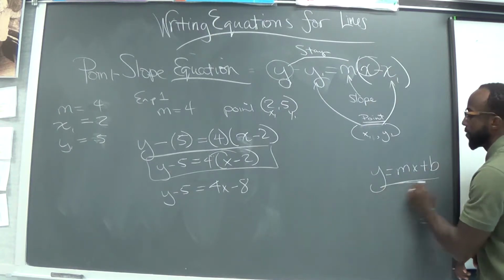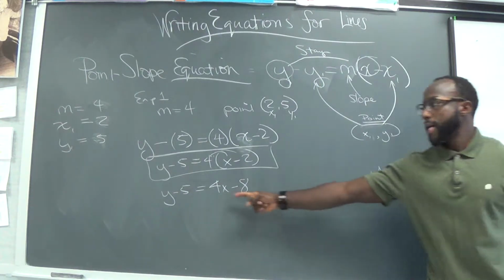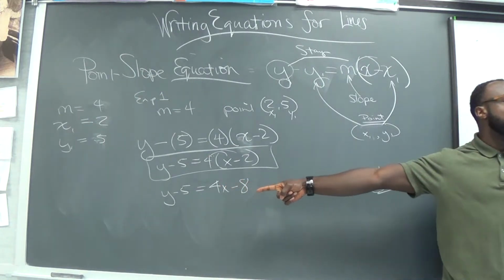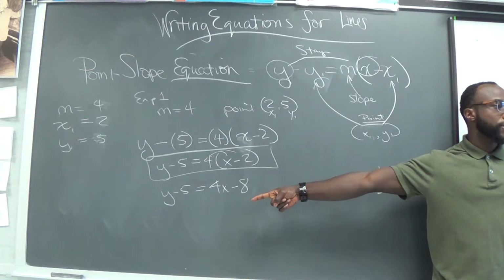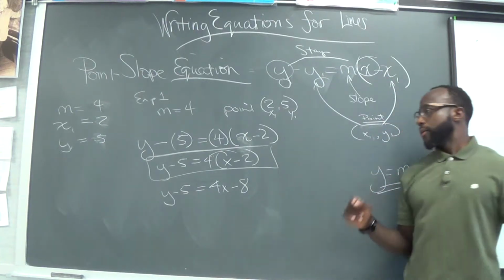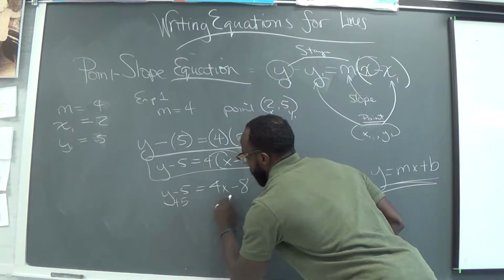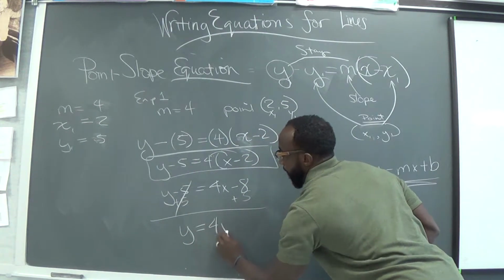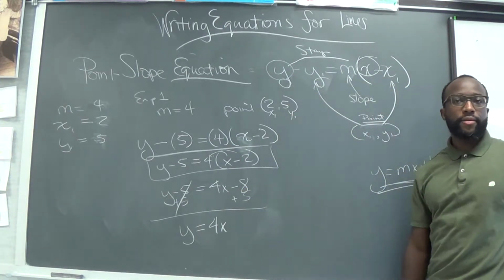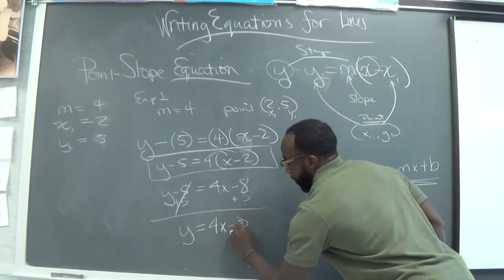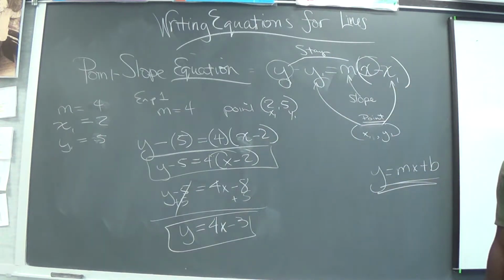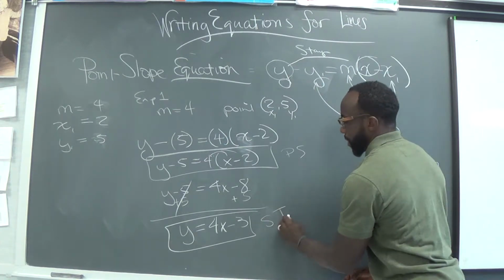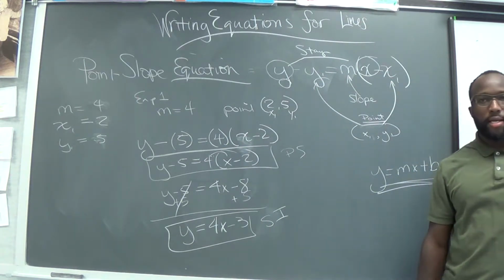So now we're going to get it to look like this. We got the mx, now we just got to get y by itself. How do we get y by itself? Add 5. So y equals 4x, and you have negative 8 plus 5, which is negative 3. So you got two equations for lines. You got point-slope here, and you got slope-intercept here. Does everybody see that?